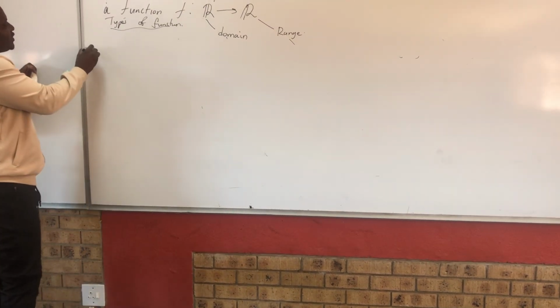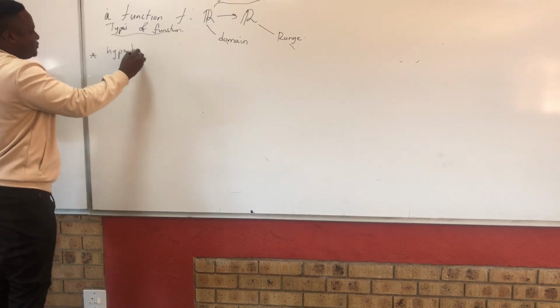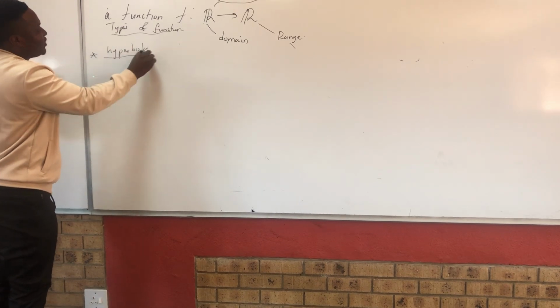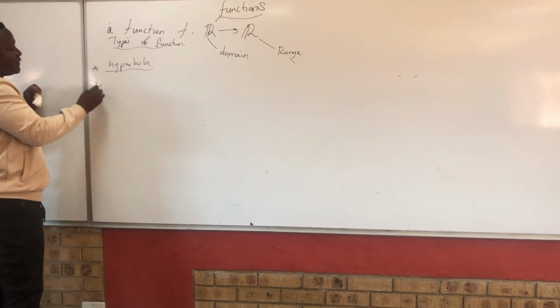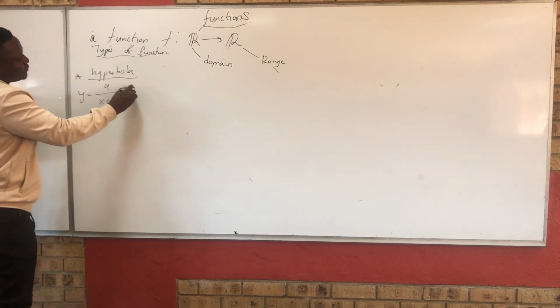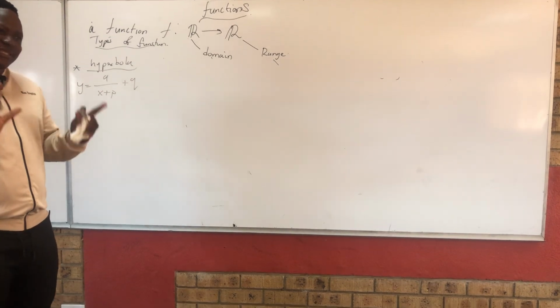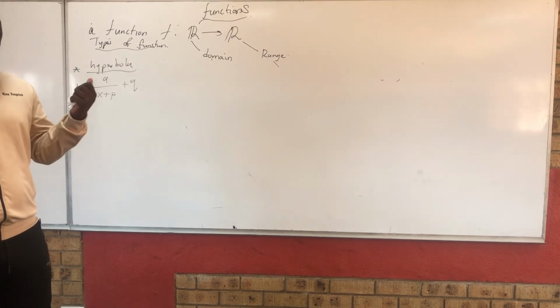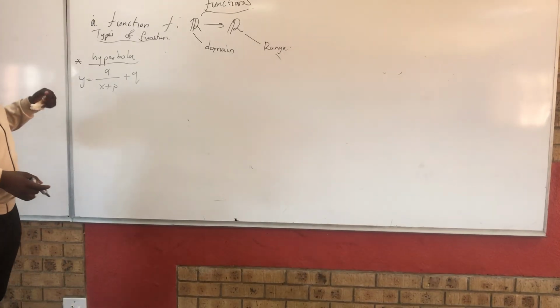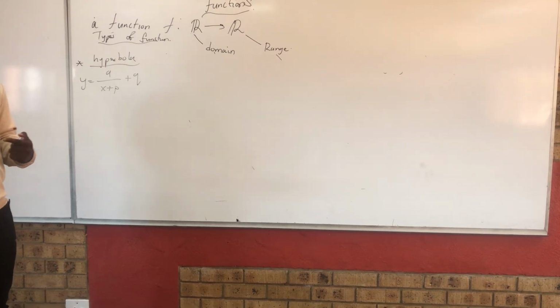The other type of function is called a hyperbola. A hyperbola is generally given by this formula. This one is quite different from the parabola and the linear function, simply because here we have something called asymptotes.